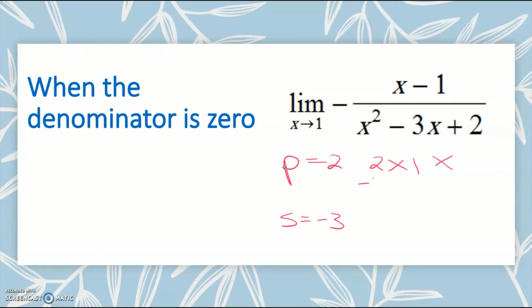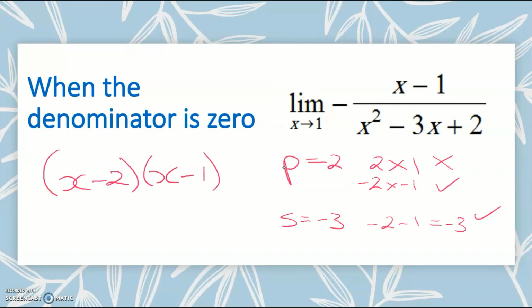So I'm going to try the negatives, because remember, if we have both negatives, we end up with a positive answer. So negative 2 times negative 1 is 2, and negative 2 minus 1 is negative 3, so that works. So my factored form in the denominator is going to be x minus 2 and x minus 1.